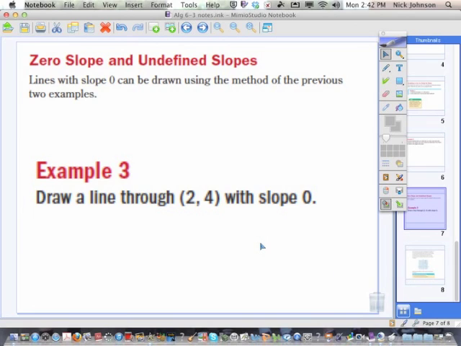Zero slope and undefined slopes. Lines with slope 0 can be drawn using a method from the previous 2 examples. If you look at example 3, it says draw a line through 2 comma 4 with slope 0.